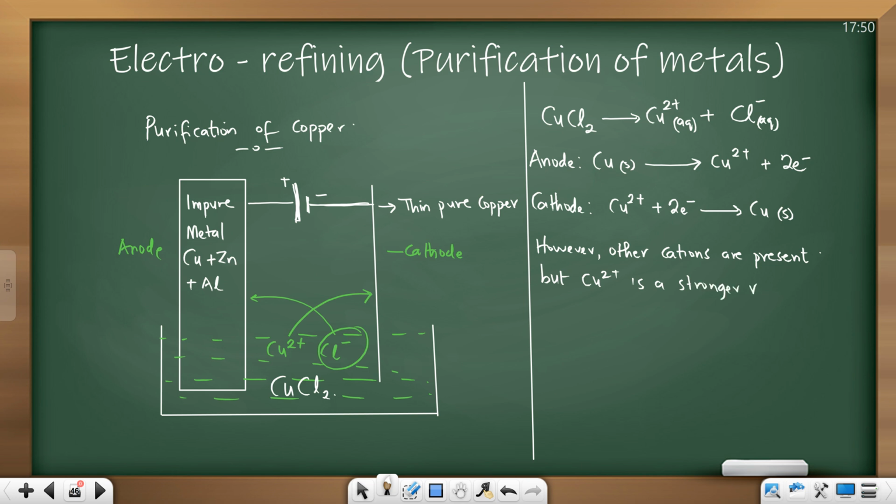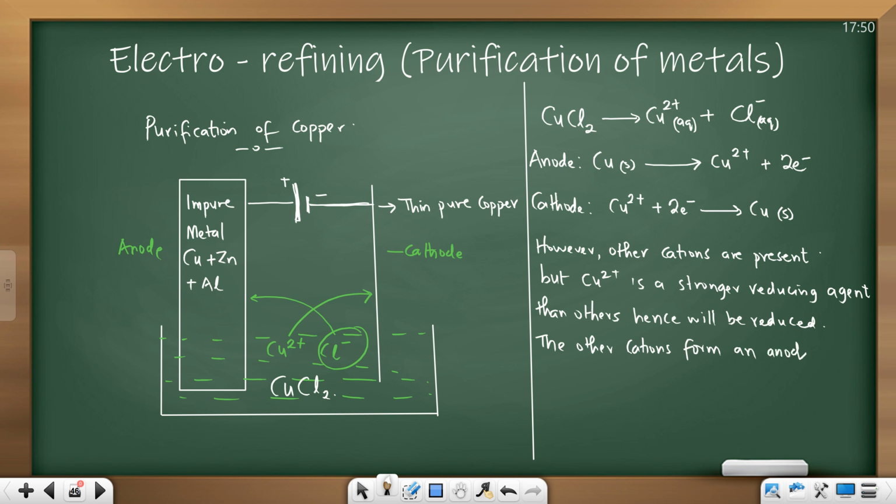Stronger oxidizing agent than the others. That's how they're going to pose the question to you. Hence, it will be reduced. The other cations form an anode dust.